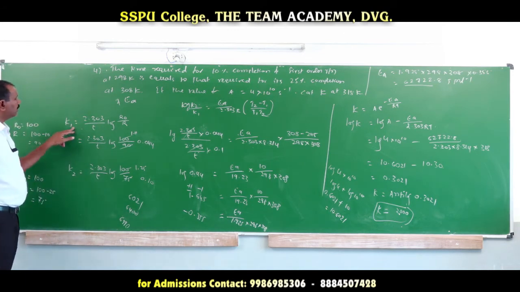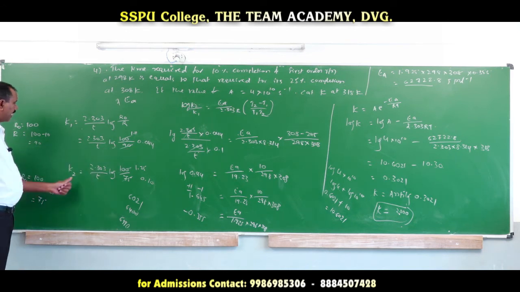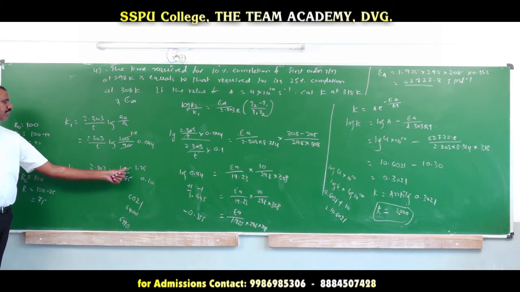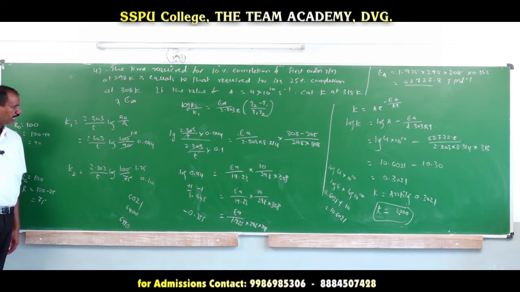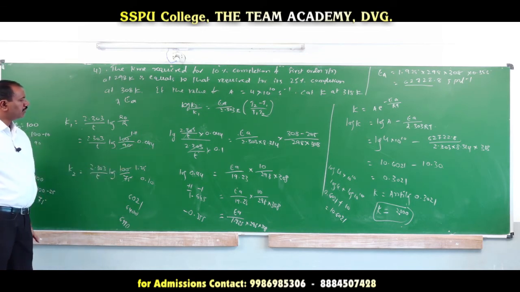K1 is calculated by first order kinetics: 2.303 by T into log of R0 initial by left behind. Initial is 100, left behind is 90, because 10% reacted means left behind should be 90. Then K2 is 2.303 by T log of 100 by 75, for 25% completion. This is 1.11, this is 1.25. Log 1.11 may be 0.044, this is 0.1.